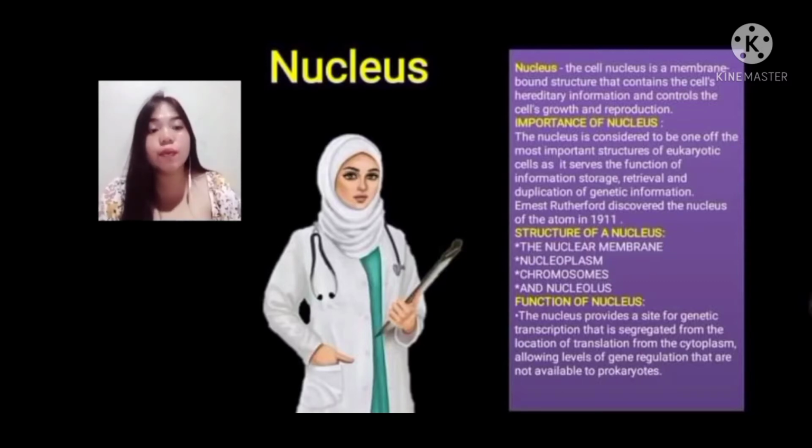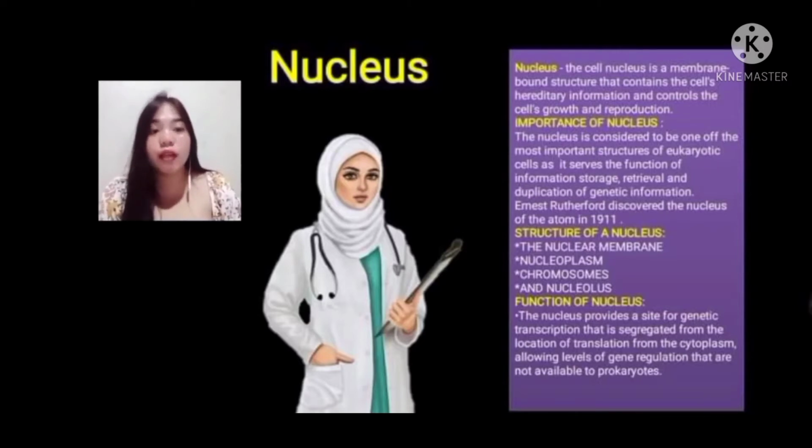The nucleus provides a site for genetic transcription that is segregated from the location of translation from the cytoplasm, allowing levels of gene regulation that are not available to prokaryotes.